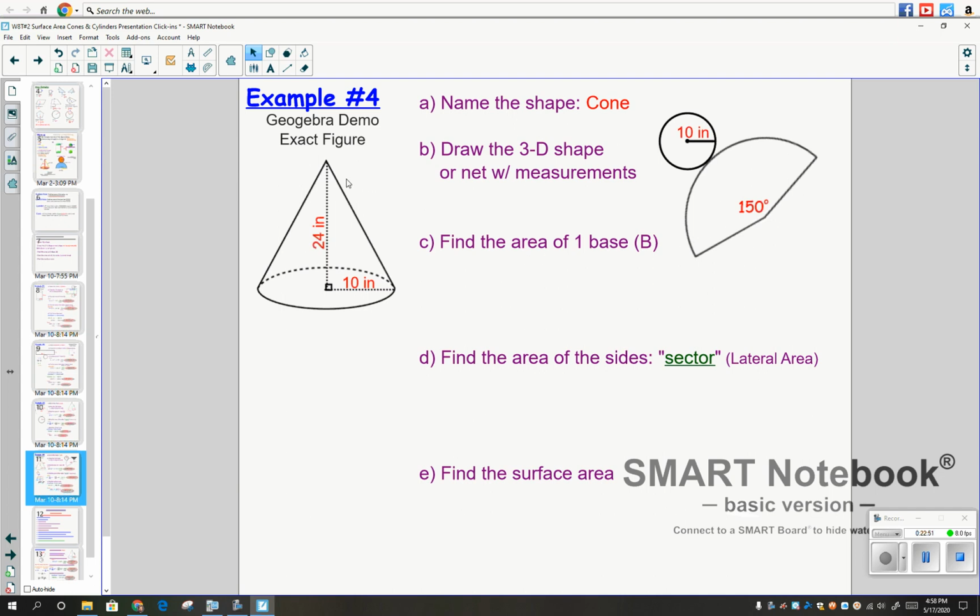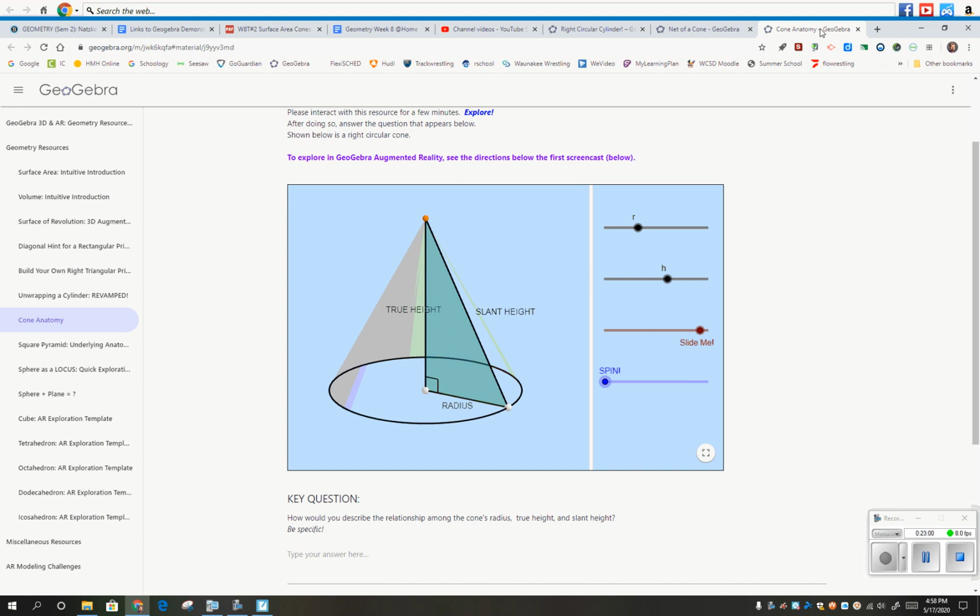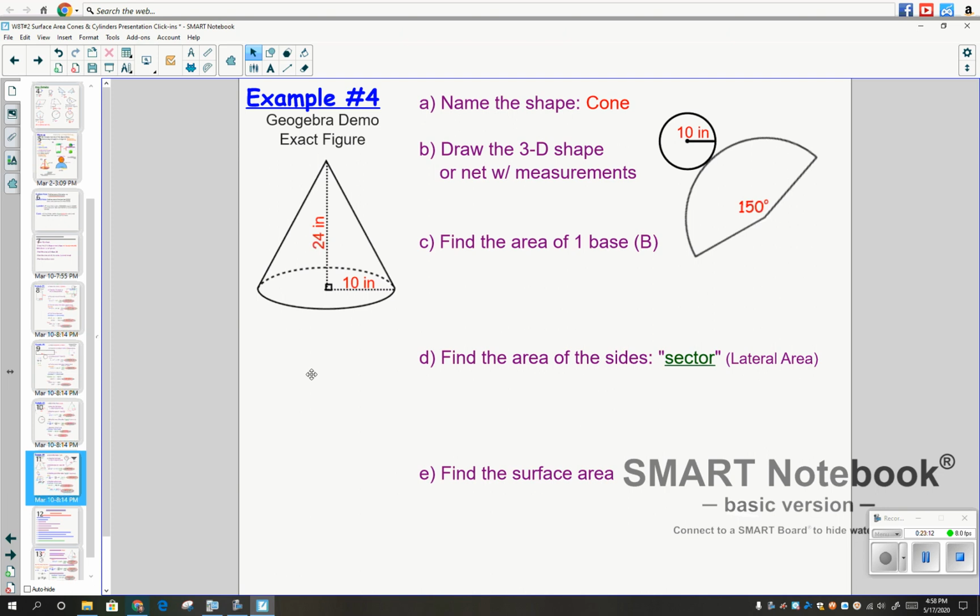What's 24? 24 is the height of the cone. And remember, the height and the slant height are not the same. And the slant height is the radius of the sector. But remember, the radius, the height, and the slant height form a right triangle. Here's a mini version of 10, 24 and the slant height. So I can use the Pythagorean theorem to solve that.